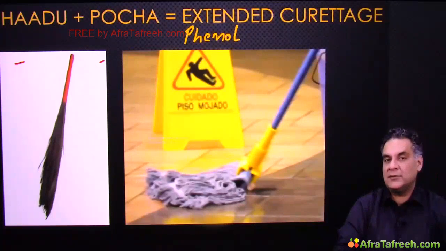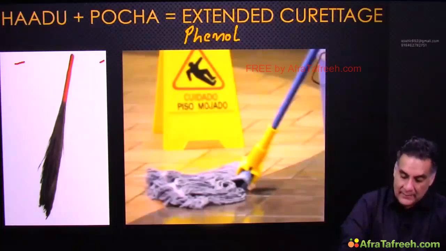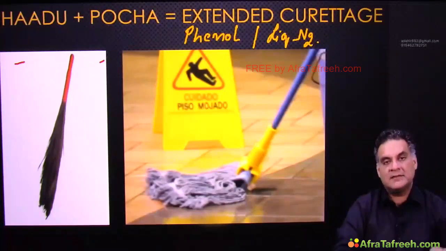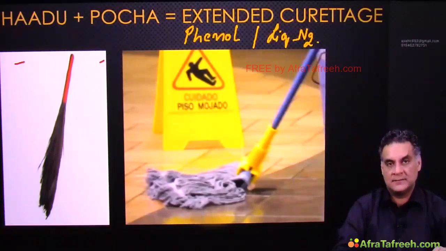You use phenyl at home for wet mopping, so phenol. Best chemical, liquid nitrogen. What do you mean by best? Best means decreases the chances of recurrence. The tumor does not come back. Success rate is calculated when you remove the entire tumor and you decrease the chances of recurrence.